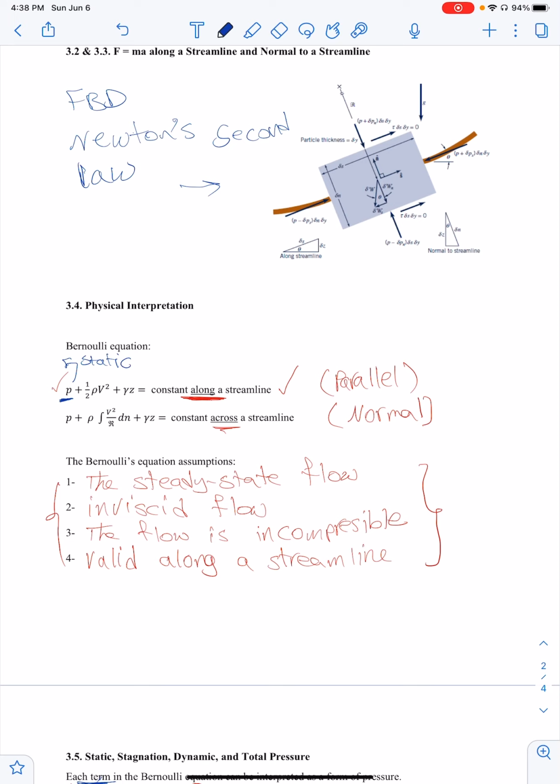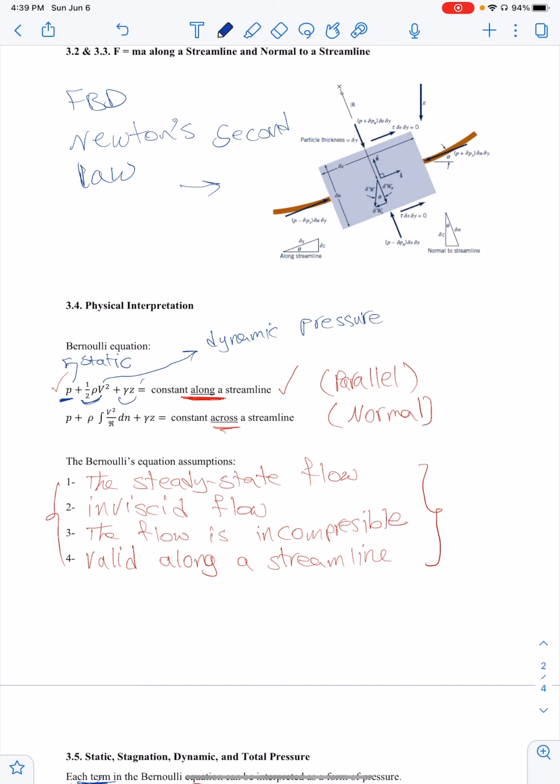And this term right here is the dynamic pressure, which is due to the velocity.